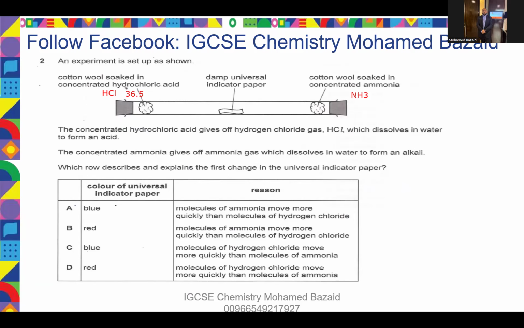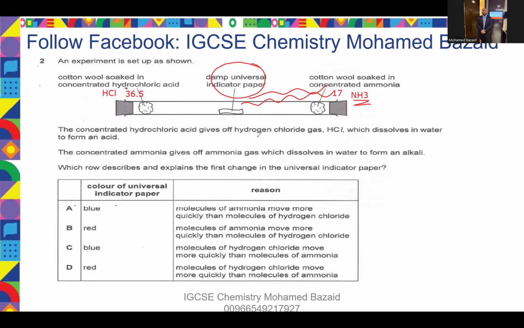For NH3, nitrogen is 14 and 3 hydrogens, so the total is 17. As you see, the mass of ammonia is lower than the mass of HCl, so ammonia diffuses faster than HCl.